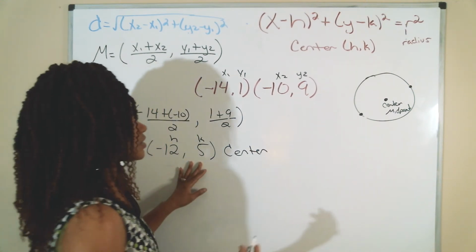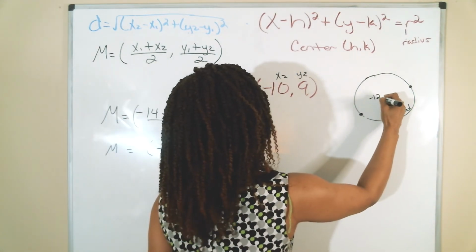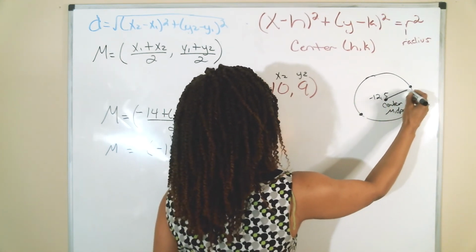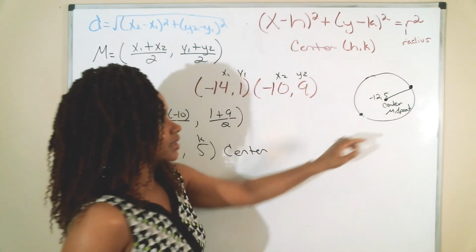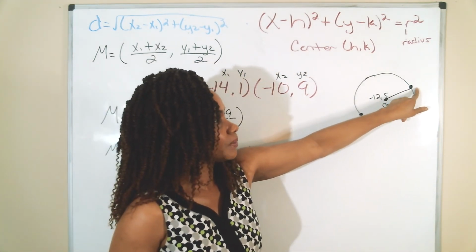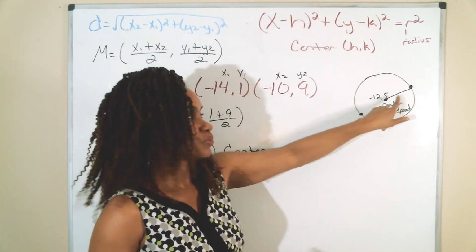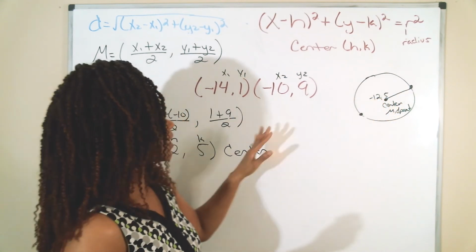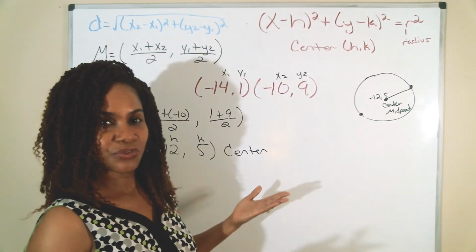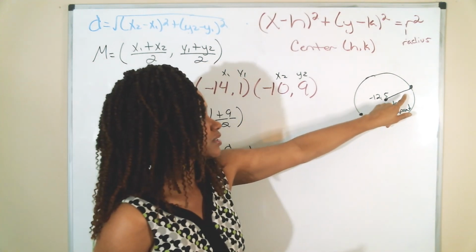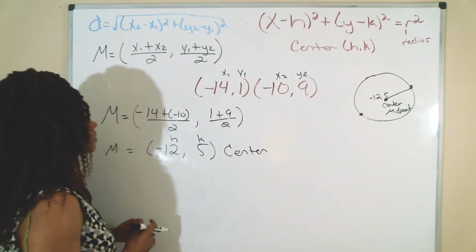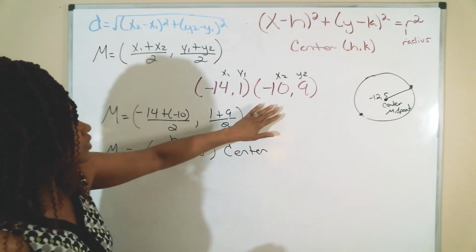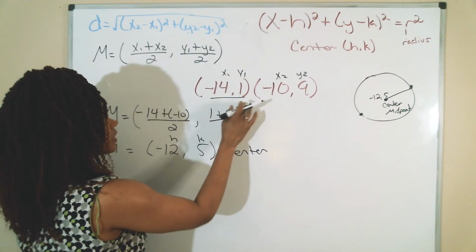So if this is the center, negative 12, 5, in order to find my radius, I could use that center point and an endpoint to find the distance between these two points. So I'm going to use the center and one of my endpoints, it doesn't matter which one, and I'm going to use the distance formula to find the distance, and that would be my radius. So my center is, of course, negative 12, 5, and one of my points I'm actually going to choose this one here.